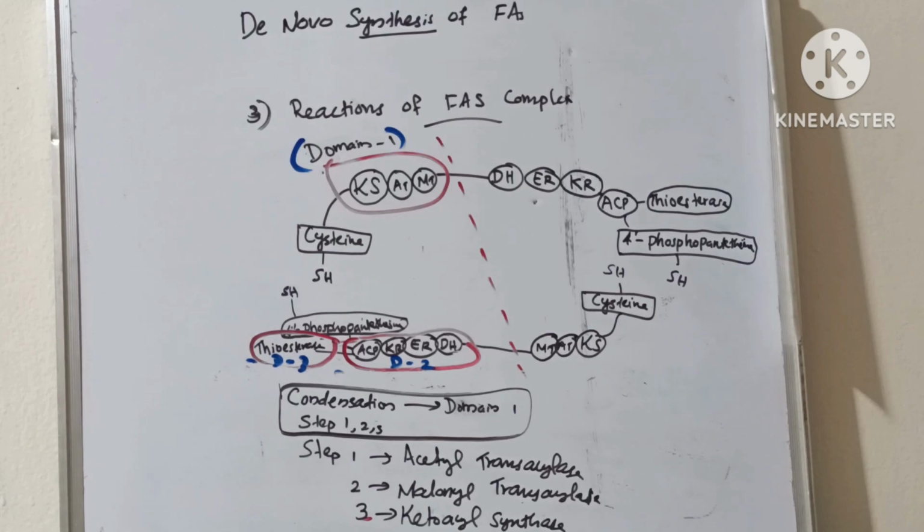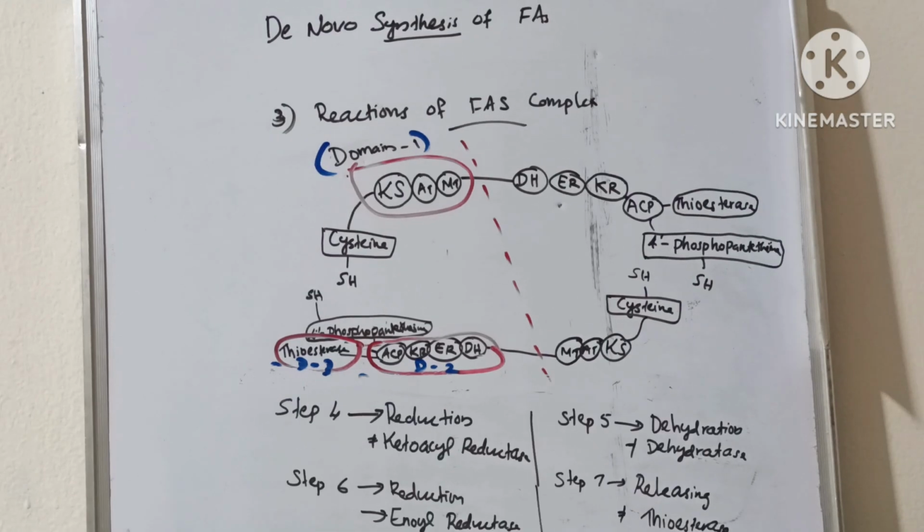So the reactions involved in fatty acid synthase complex are: first one, condensation reaction, which involves domain 1, that is the condensing unit, steps 1, 2 and 3. Step 1 involves the enzyme acetyl transacylase, step 2 involves malonyl transacylase and step 3 ketoacyl synthase. Step 4 is reduction reaction and it involves the enzyme ketoacyl reductase.